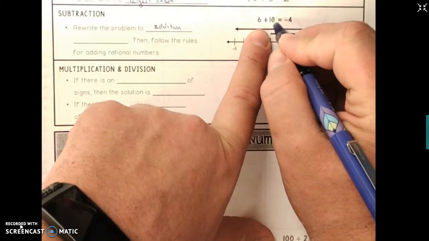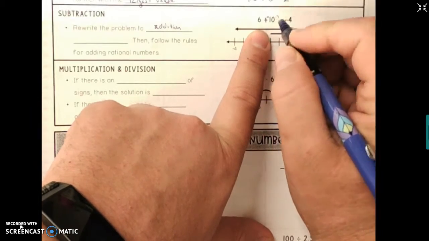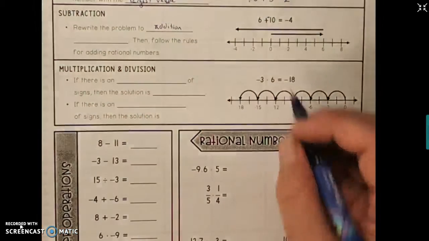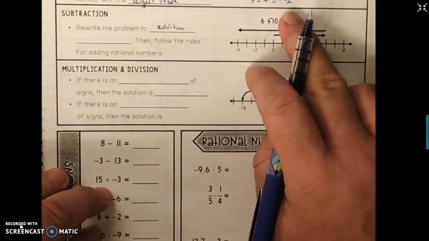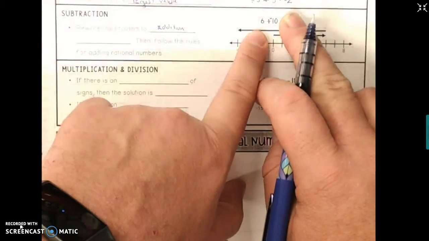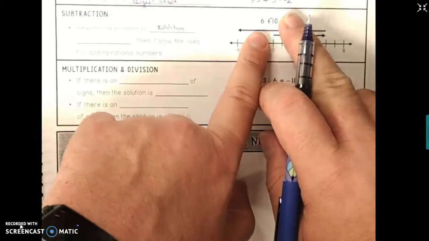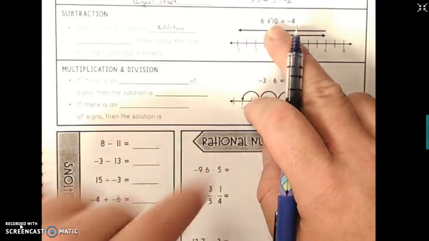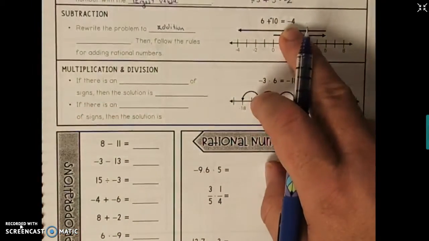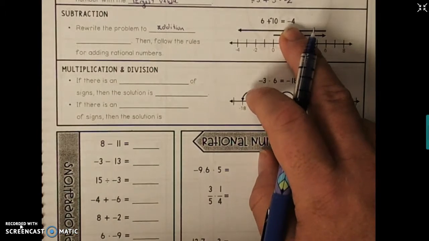Since this was a positive 10, we're going to make it a negative 10. So 6 plus -10 is -4. I have different signs, so I am subtracting 10 minus 6, and I get 4. 10 is my larger value, so my answer has a negative sign.